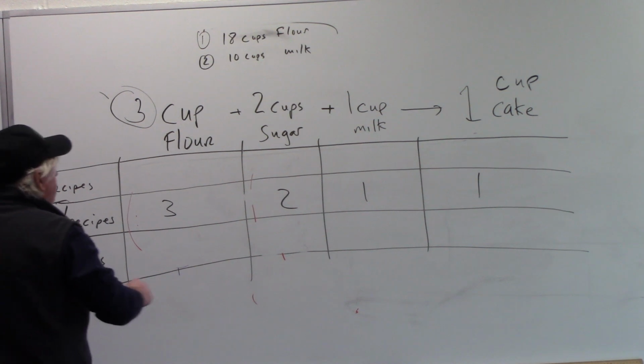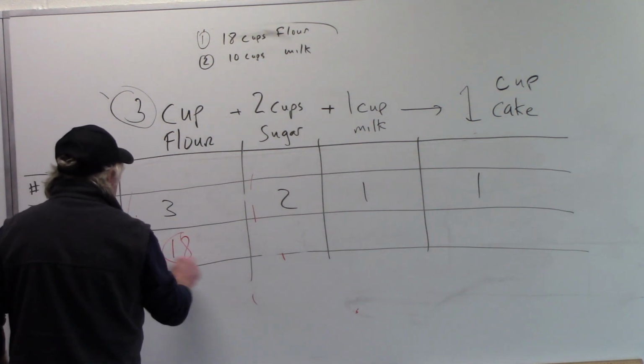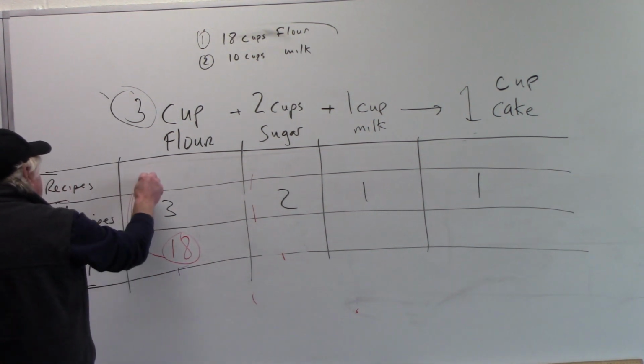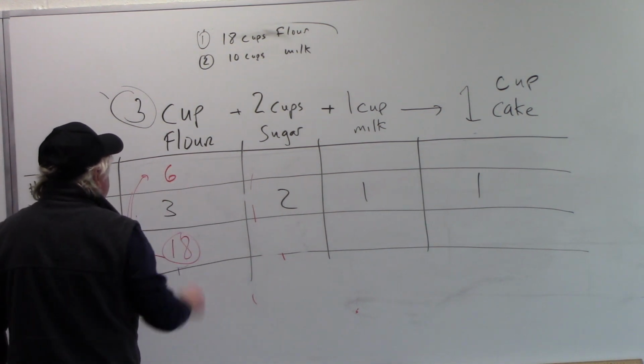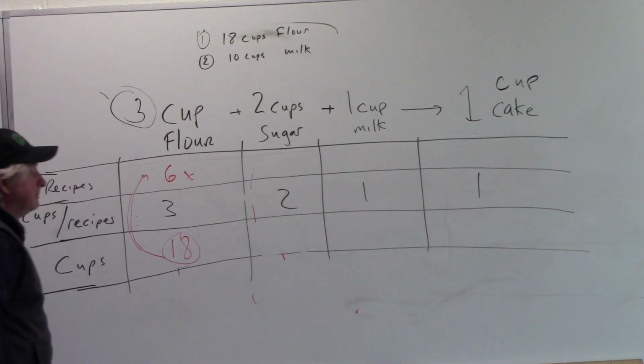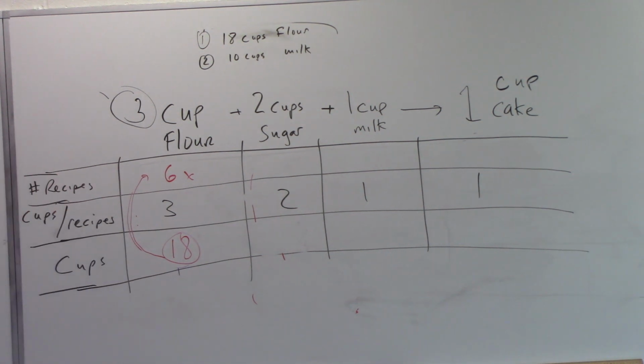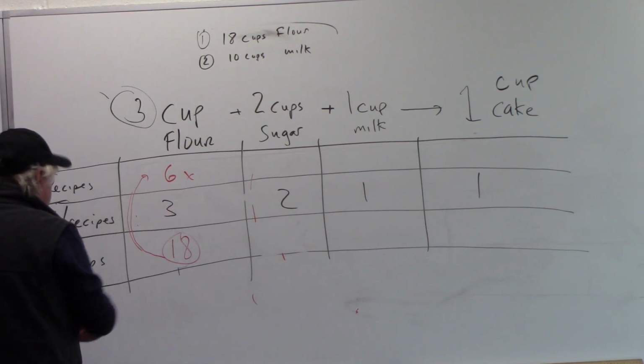Okay, so the first one, I have 18 cups. What I'm going to do is divide that up into groups of 3. And when I do that, I can do the recipe 6 times.